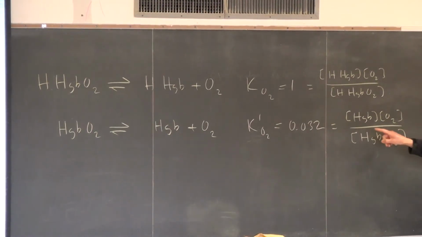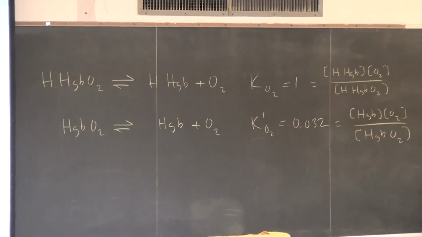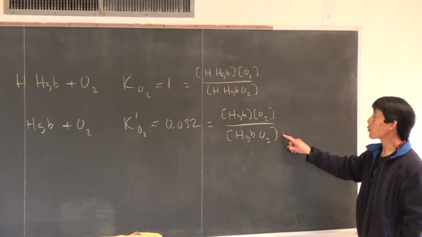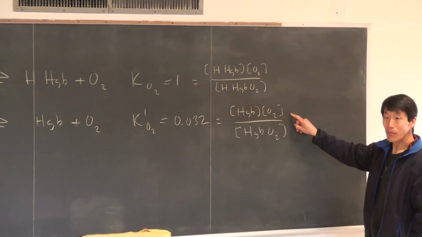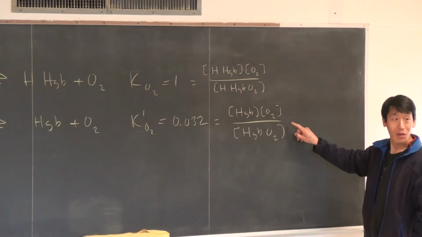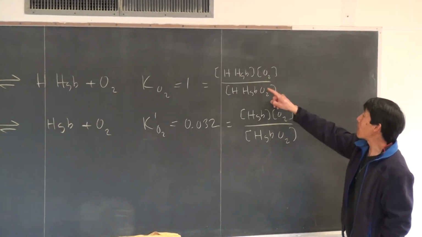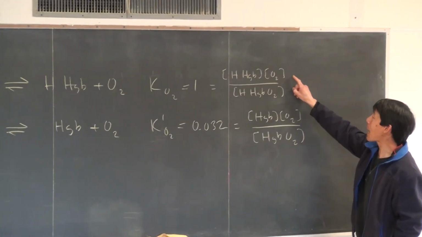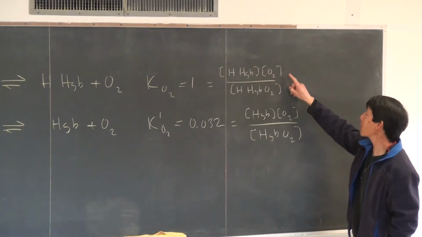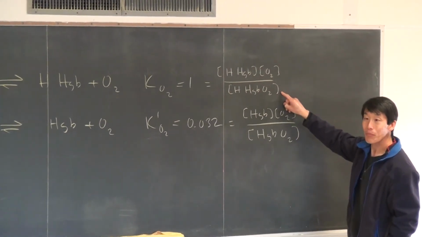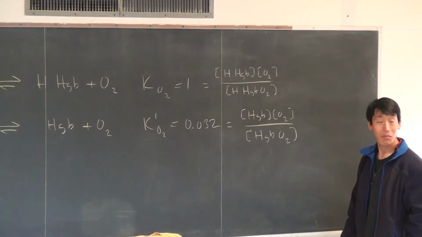Now note that this equilibrium constant is small, so is there going to be more reactants or more products? We're going to have more reactants. In this case, it's equal to 1, so is there going to be more products or more reactants? Equal amount.